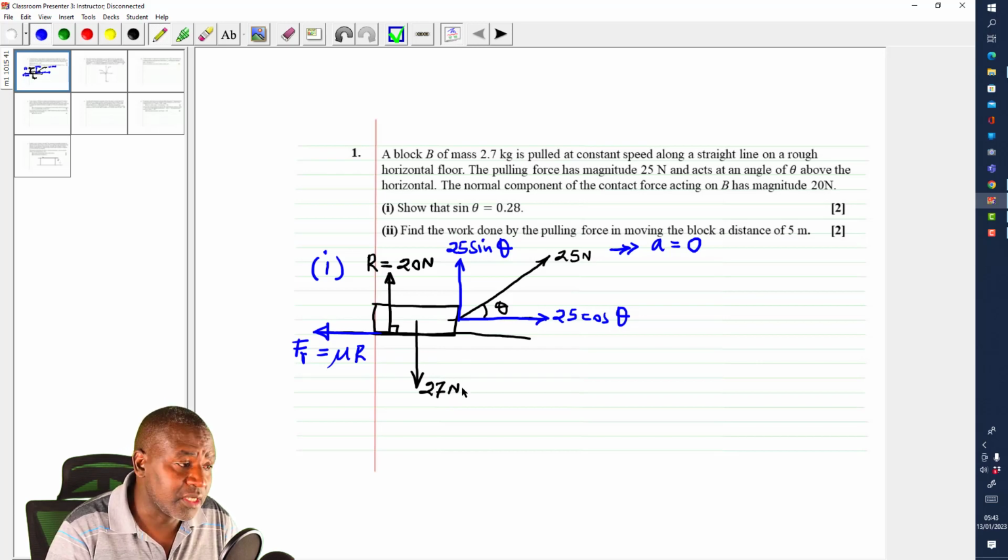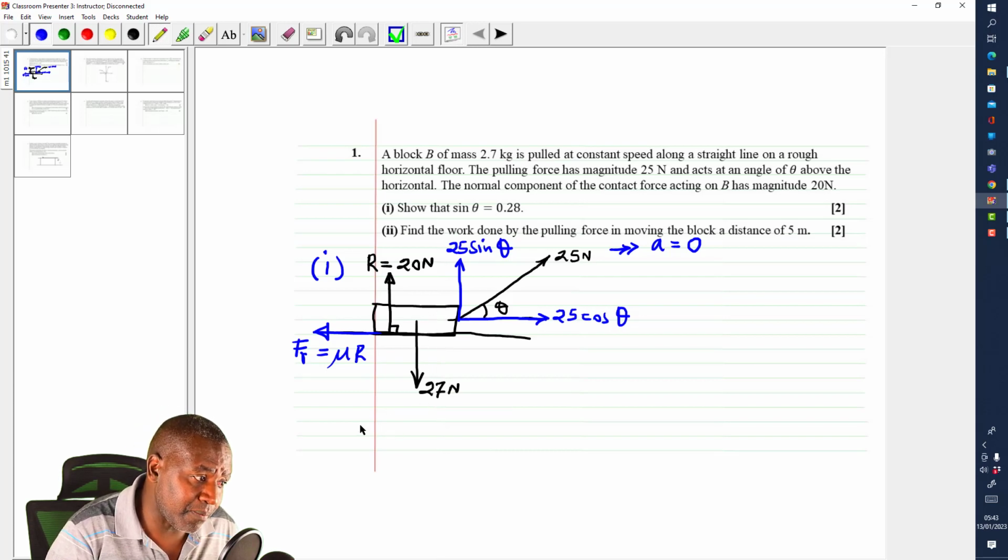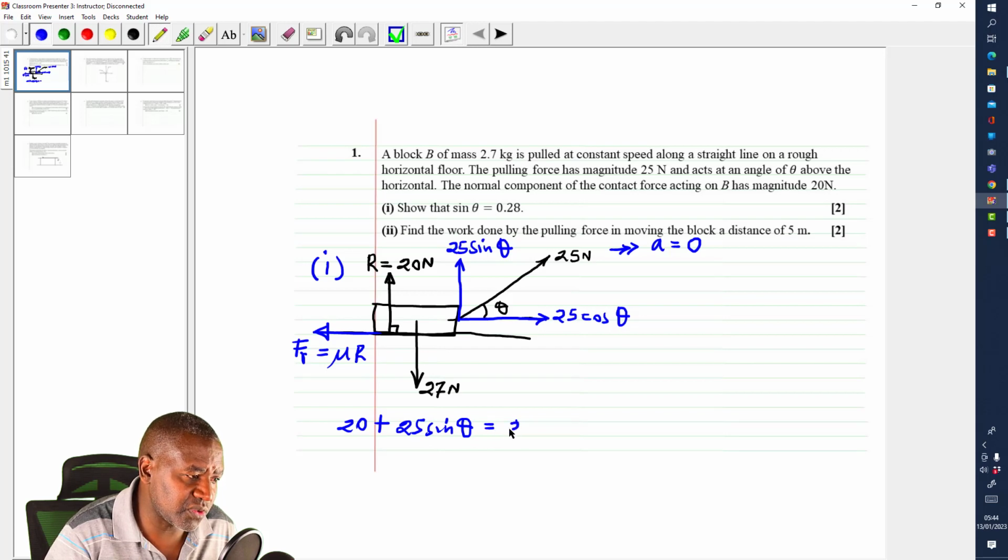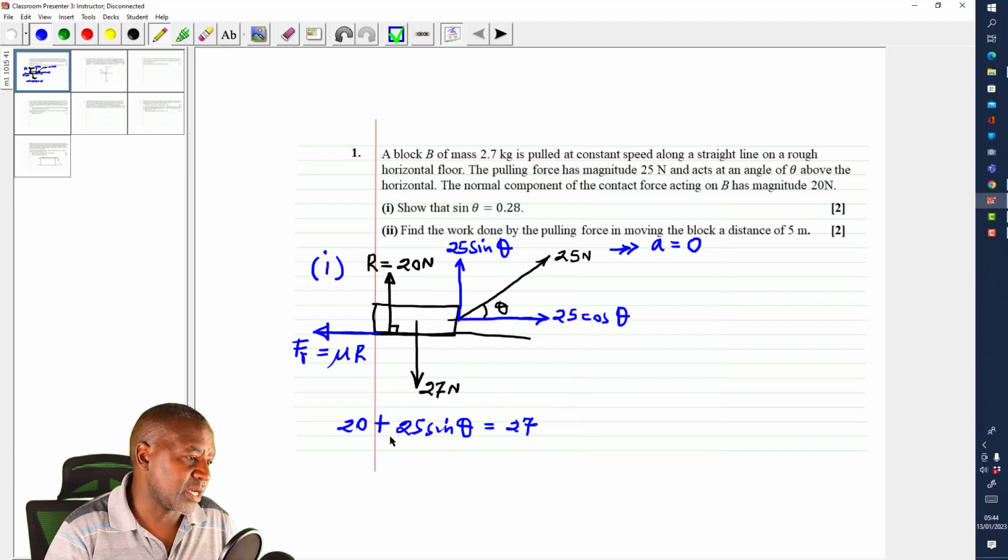So since the resultant force vertically is 0, it tells me that the sum of the upward forces, which is 20 plus 25 sine theta, is equal to the sum of the downward forces, which is 27. And the moment I have this, I know I can subtract 20 from both sides.